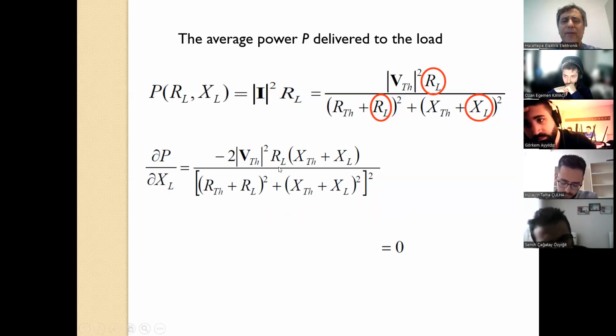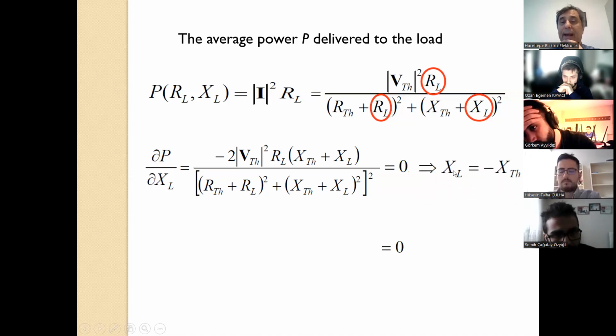But when you have the derivative of the division, you are going to get this, and then you have to equalize it to zero. The denominator will not be zero; the upper term should be equalized to zero. What do you expect from there? XL should be minus XTH, of course. That's a simple outcome.